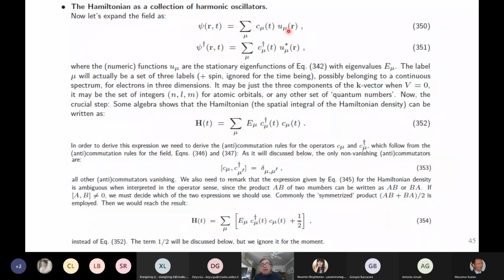Remember, these are mathematically eigenfunctions of a Hermitian eigenvalue problem. So for mu and mu prime different, these will be orthogonal. I can use the orthogonality, and I will find that the total Hamiltonian integrated over space, and that's where the orthogonality comes from, is just the E mu, which are the eigenvalues of these states that I had from my conventional quantum mechanics, times the product of C dagger C, summed over all the possible mu's.